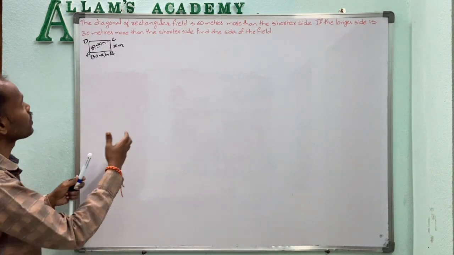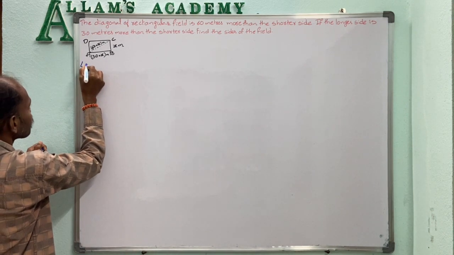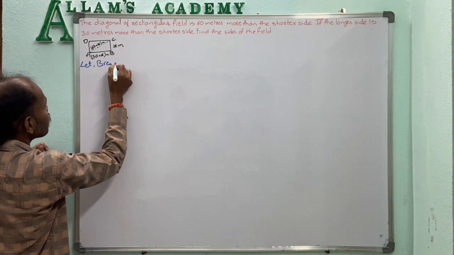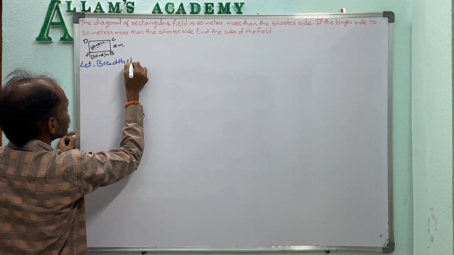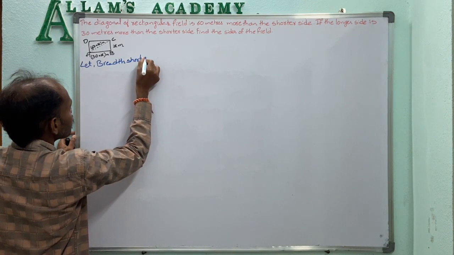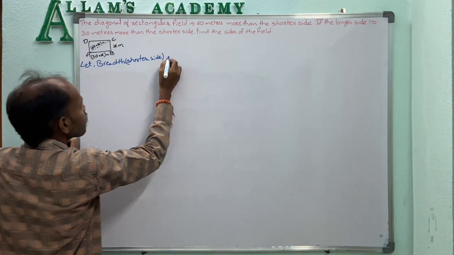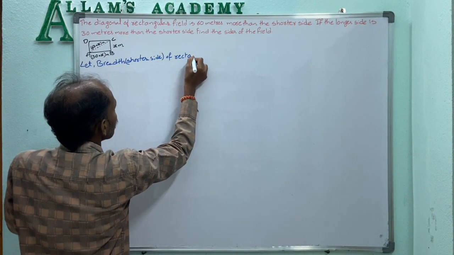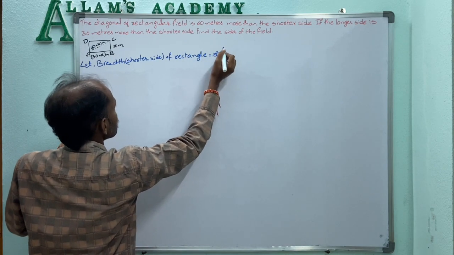But before that, writing the given information: let the breadth of the rectangle, that means the shorter side, be x meters.